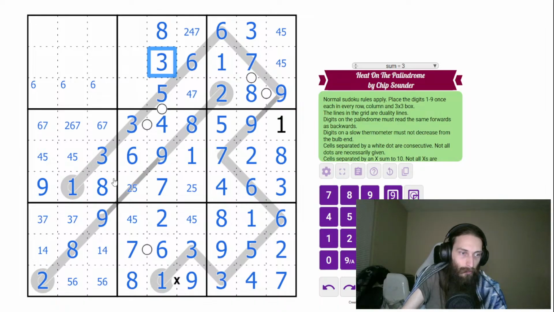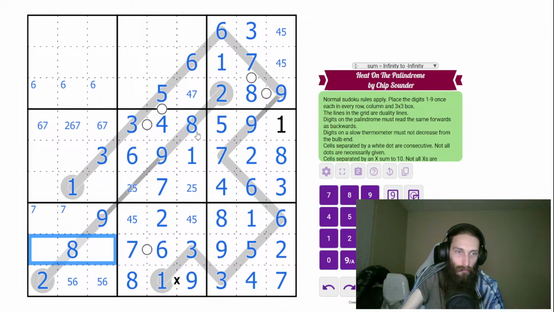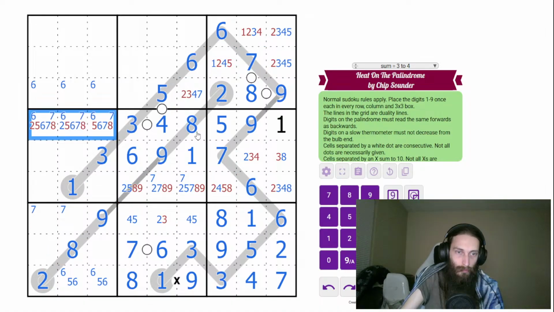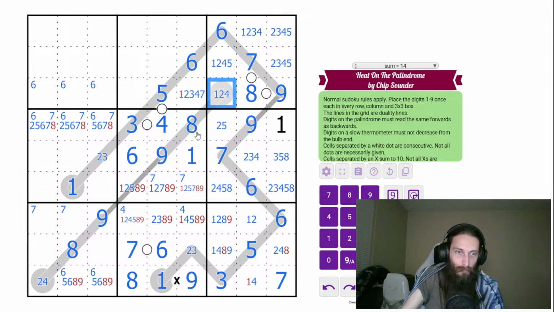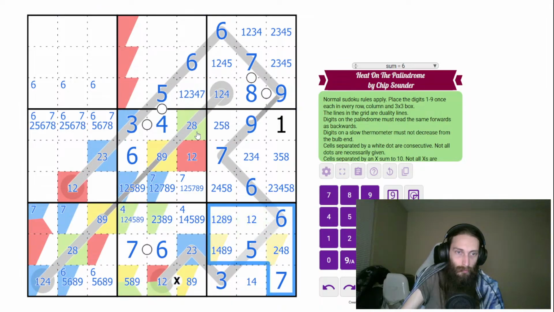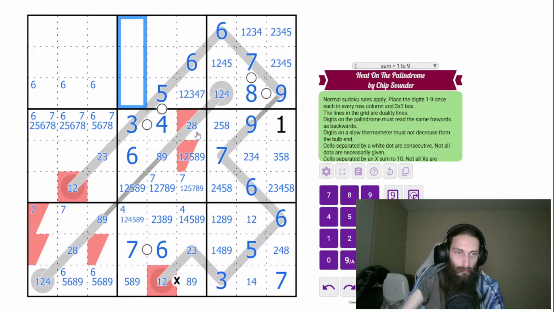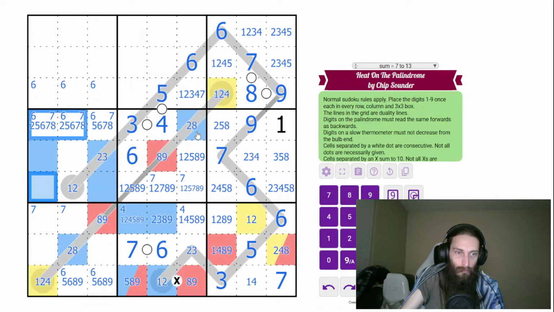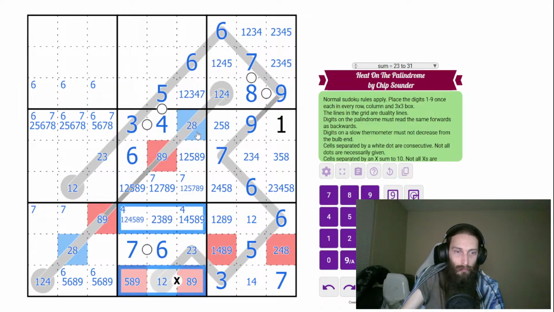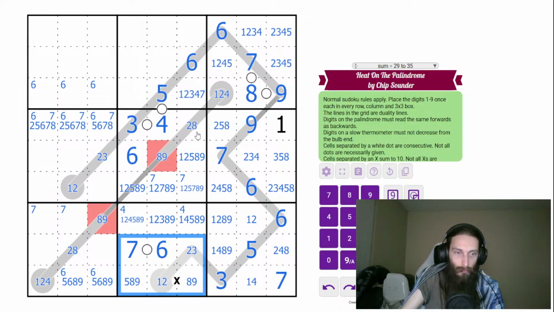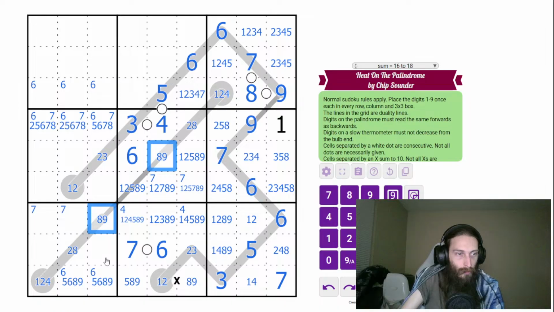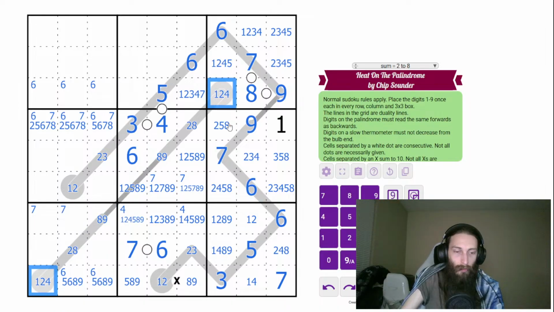Sounder says, go back to before I started coloring. Let's just do that real quick. And they said to ask the question as whether or not these two could be 4.